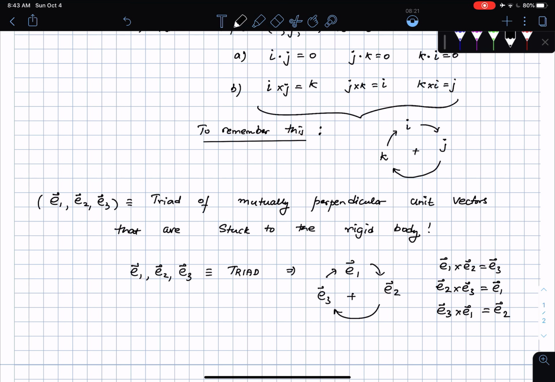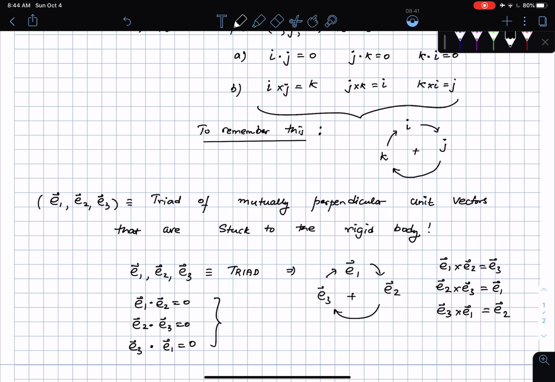And then you also know that E1 dotted with E2 is equal to 0, E2 dotted with E3 is equal to 0, E3 dotted with E1 is also equal to 0. So this is also something that we know.